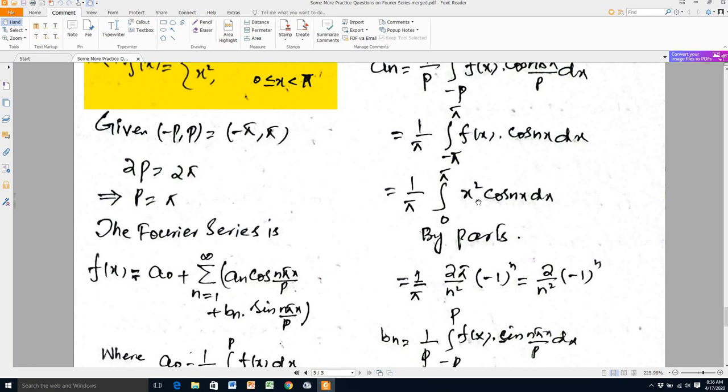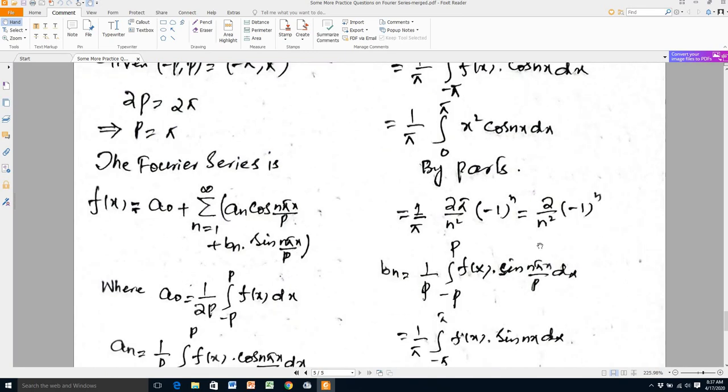We integrate it 2 times, because the function we have taken as the first function is algebraic, and its power is 2. For the function taken first, you have to see its power, and you apply integration by parts according to the power of the first function. Its power is 2, so apply integration by parts 2 times.